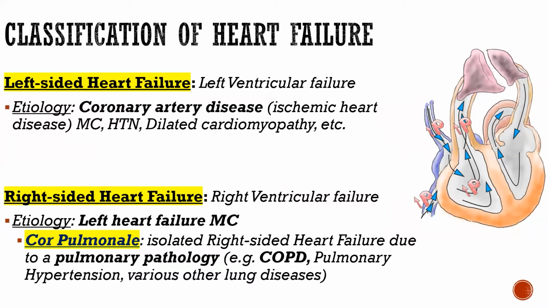Cor pulmonale is classically going to be caused by some sort of pulmonary pathology, most commonly COPD, that leads to an isolated right-sided heart failure without any evidence of left-sided heart failure. Keep in mind, however, that in general, most common cause of right-sided heart failure will be left-sided heart failure. And we're going to talk very shortly about the pathophysiology as to why that is.